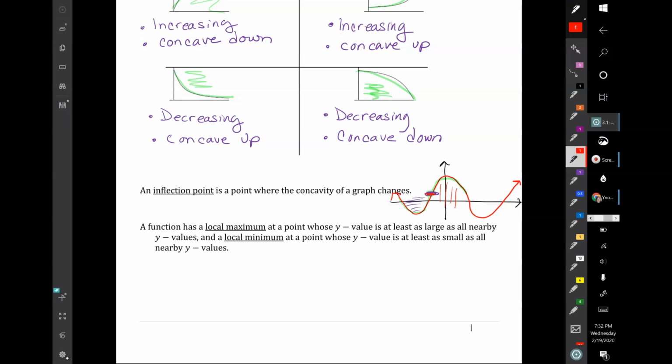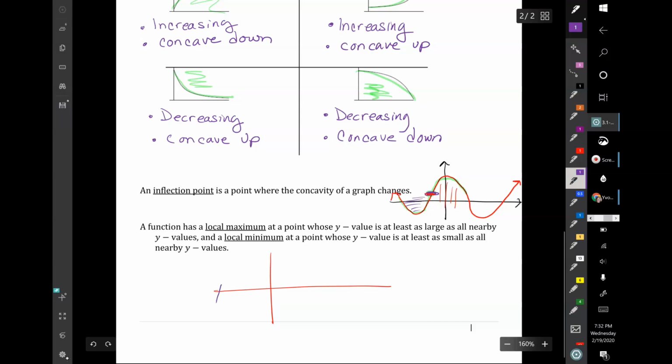And then we can also look at the local maximum, which is at a point whose y value is at least as large as all nearby y values, and a local minimum at a point whose y value is at least as small as all nearby y values. So here's another graph, and for instance, if it looks like this, I can go up and down to a low spot, and then I go high again and down.